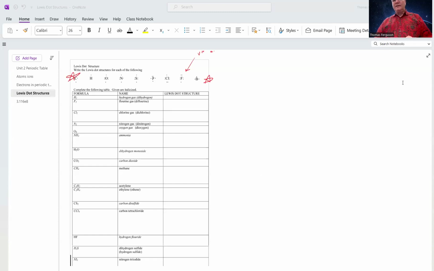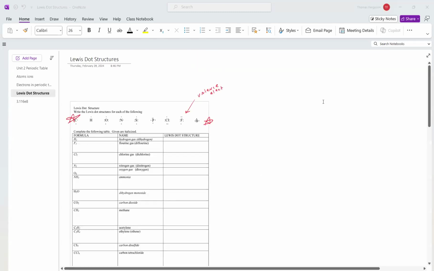Okay, so what we're going to talk about today is something called Lewis dot structures. And to understand it, every atom has protons, neutrons, and electrons, except for hydrogen, which may or may not have any neutrons.